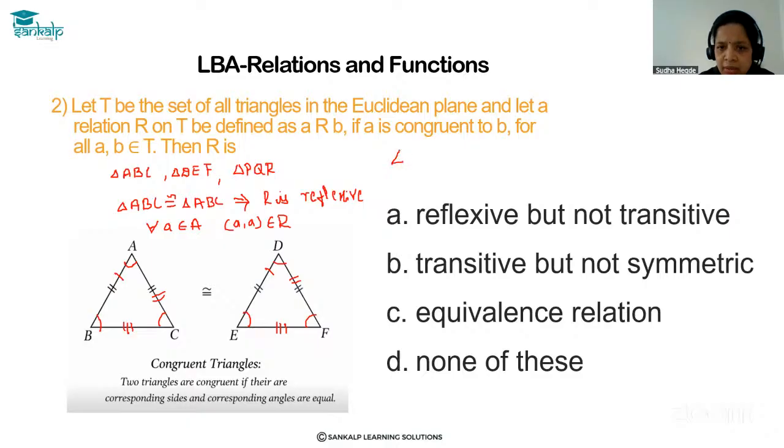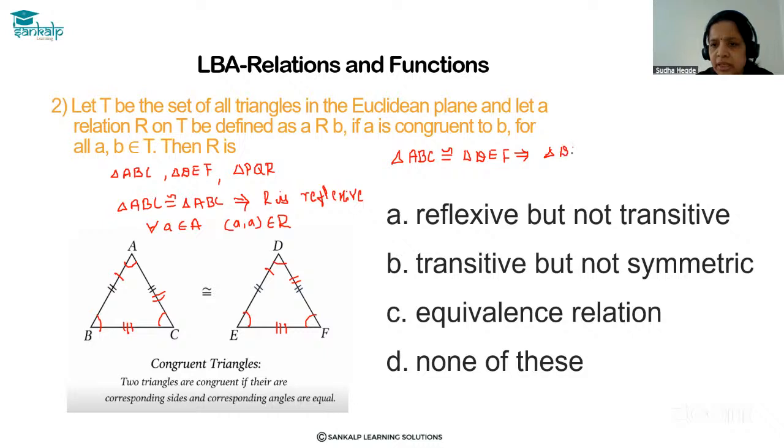Suppose triangle ABC is congruent to triangle DEF. That means the corresponding angles and sides of ABC are equal to the corresponding angles and sides of DEF. If you take the reverse, then also it will be congruent.